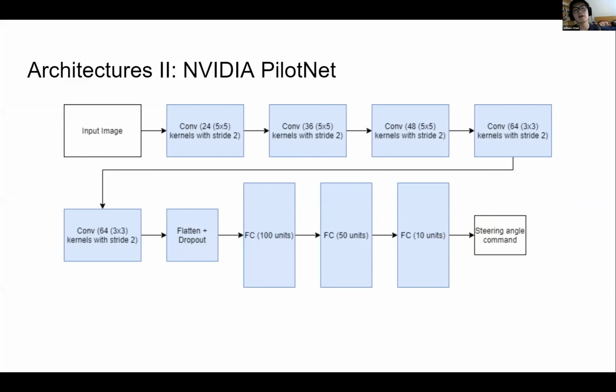Next, we tried out Nvidia's PilotNet, which is more or less the same thing, just larger, with more filters of different sizes, more fine-grained kernels, and larger fully connected layers as well.